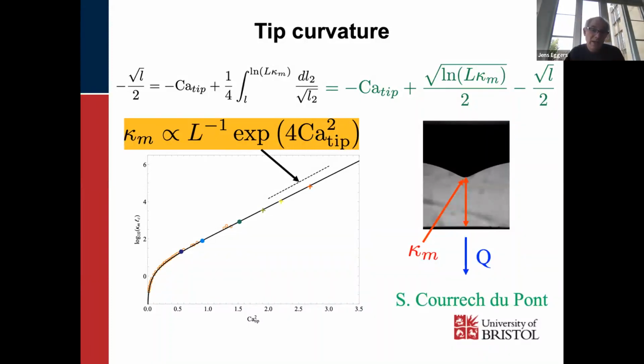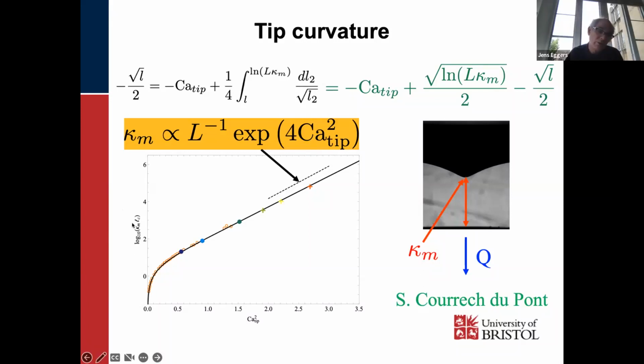And this is a comparison. So the black line is a numerical simulation of the full problem. The symbols are the results of experiments, measurements of the tip curvature. So this is the capillary number at the tip squared as a function.